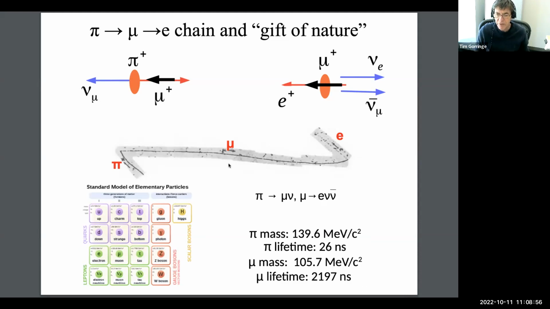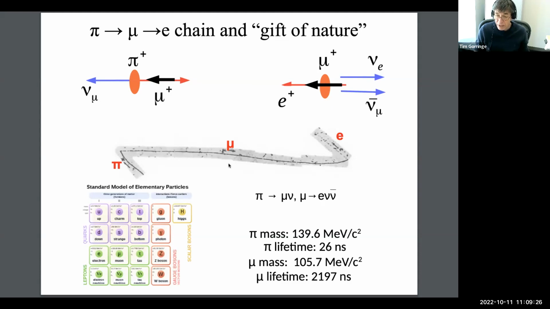This is a very famous radioactive decay chain, and it has been used to understand the building blocks of what we call the Standard Model, the model that describes the fundamental particles of nature and the elementary interactions between those particles. So it's a very important, very well-known decay chain, and we're going to explore this.